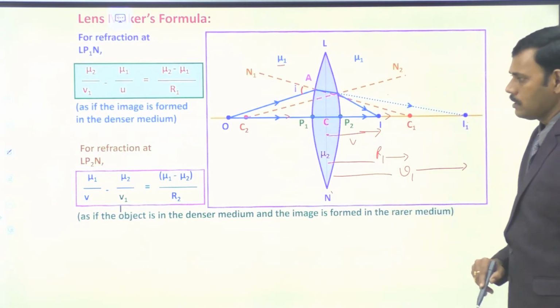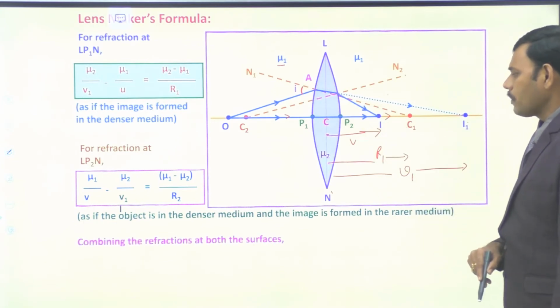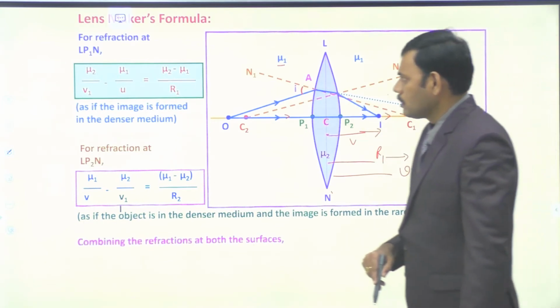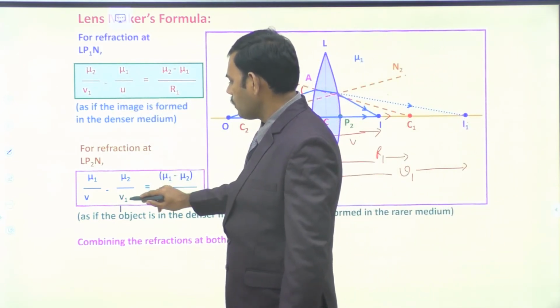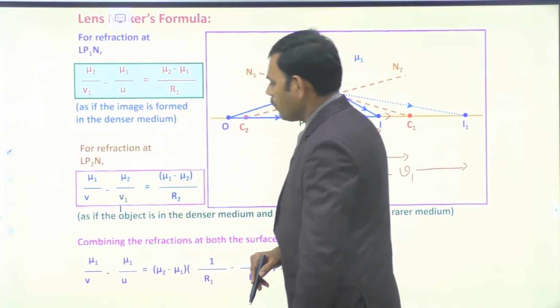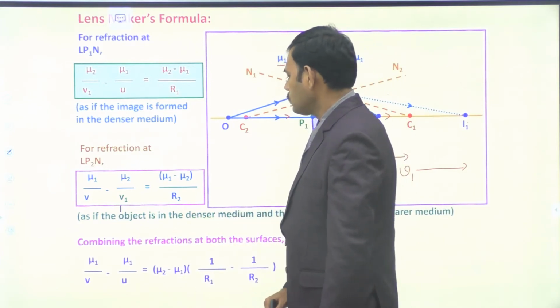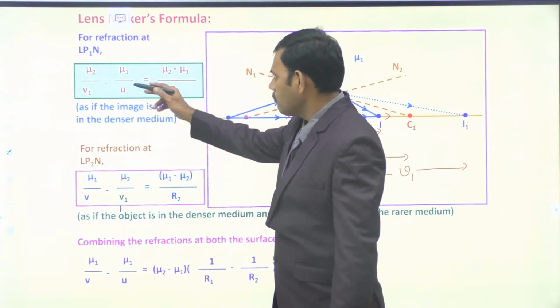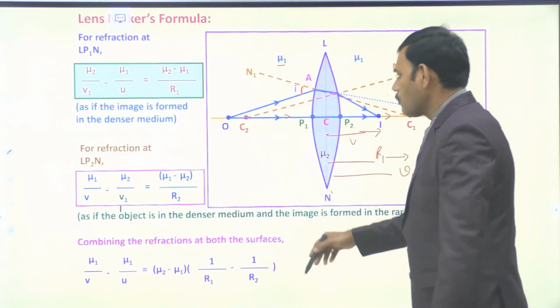This line is important. Now by adding the above two equations, combining the refractions at both the surfaces, mu2 by v1 and minus mu2 by v1 get cancelled in this addition, so that we have mu1 by v minus mu1 by u equal to mu2 minus mu1 into 1 by r1.